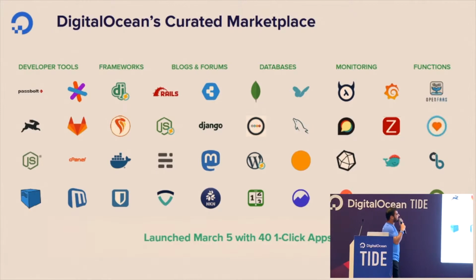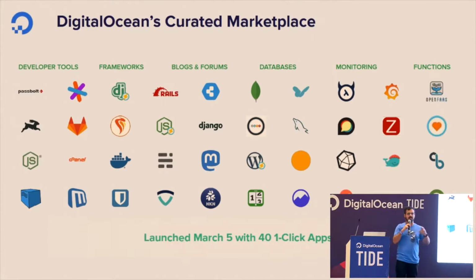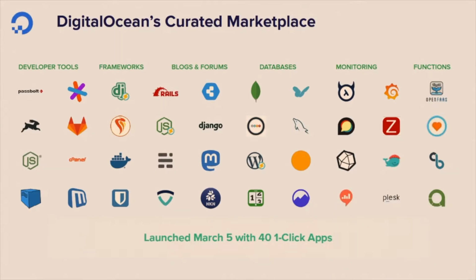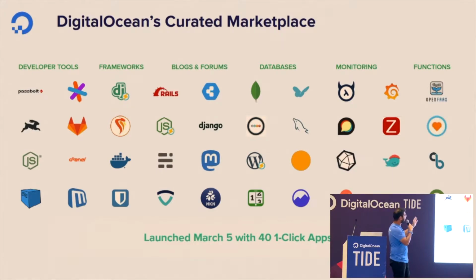So we started with 40 one-click apps across various different domains, like how you can see, right from developer tools like GitLab and cPanel to frameworks like Docker and blogs and forums, Django. You can pretty much see a lot of the familiar ones over here.